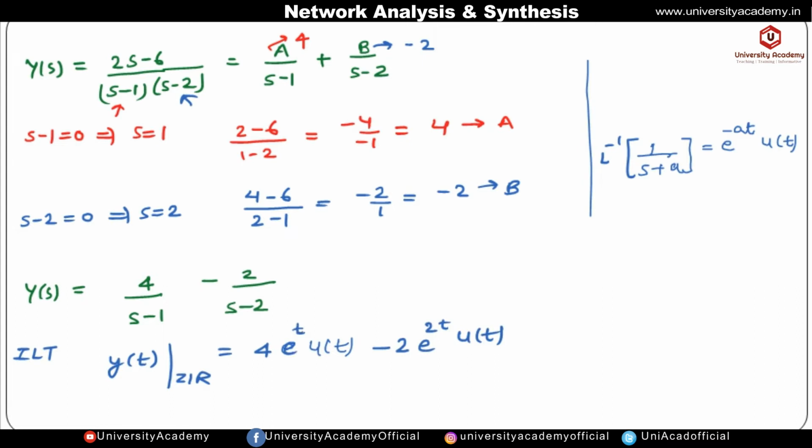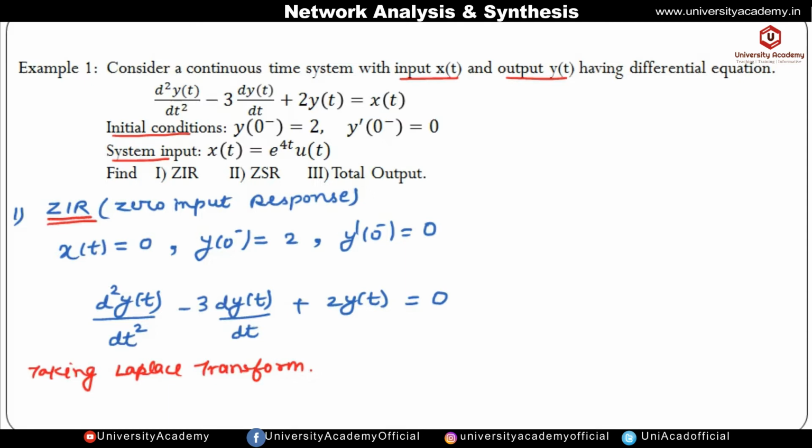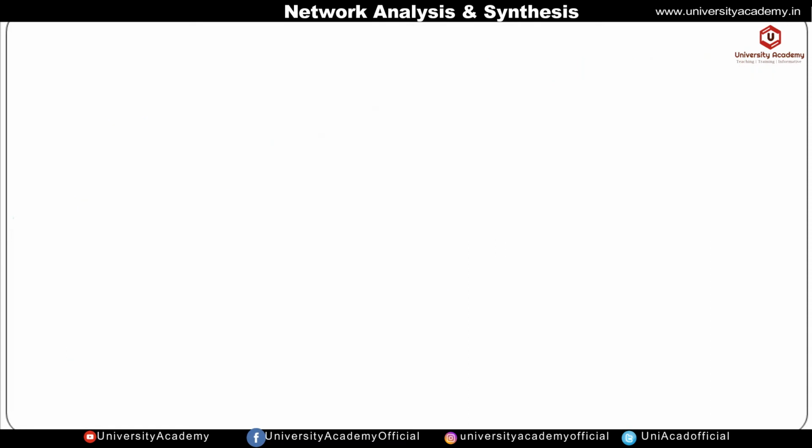Now in the b part we have to find out zero state response. So this is second part, and in this part we have to find out zero state response. Okay, so in the zero state response the output is due to the input.